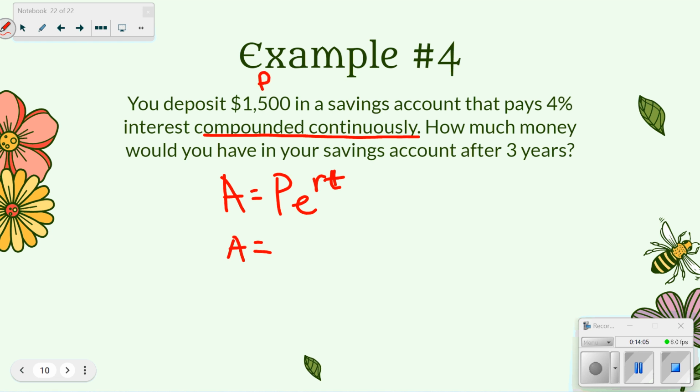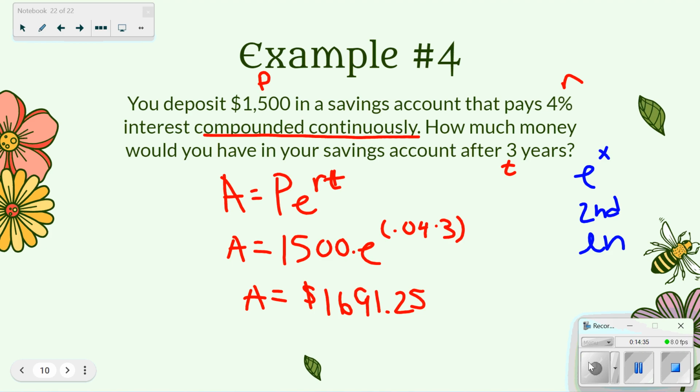P, your initial deposit, is $1,500. Multiply that by E, raised to your rate of 0.04, and our time here is 3. So pause the video, calculate that, and then play when you're ready to check.